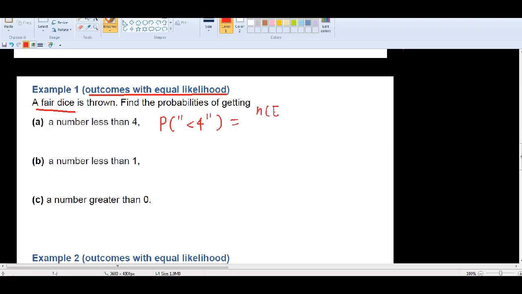So n of the event over n of the sample space. The sample space has 6 outcomes, and since they are equally likely, each outcome has the same probability. So 3 over 6, which is 1 over 2. But let me remind you that you must assume the die is fair. If it's not, you can't assume each number has an equal chance of being picked, right?